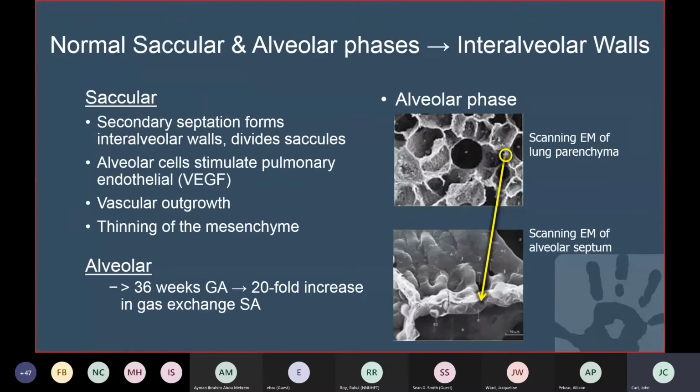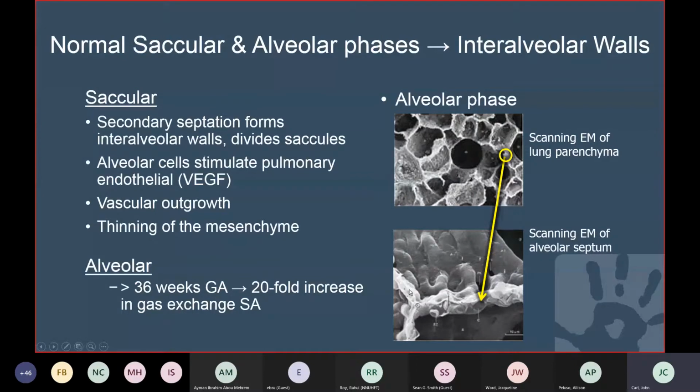The saccular phase then also, these are not separate obviously, but the saccular phase is that where alveolar cells stimulate endothelial growth through vascular endothelial growth factor. There's outgrowth of the vessels and angiogenesis along with the development of the alveoli, and as we said, thinning of the mesenchyme. So this is just a scanning electron microscope of the lung parenchyma from an alveolar septum and looking at the scanning EM at a higher power there.